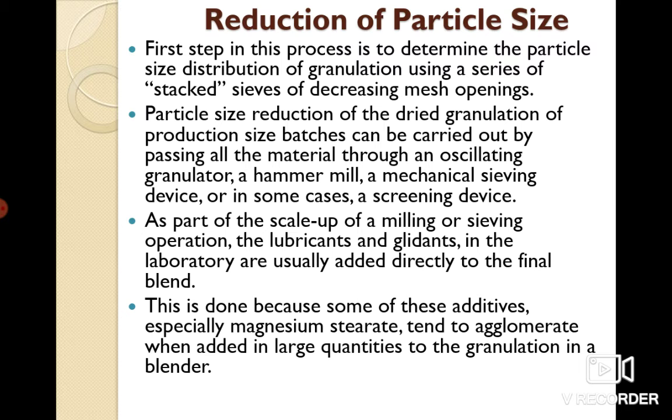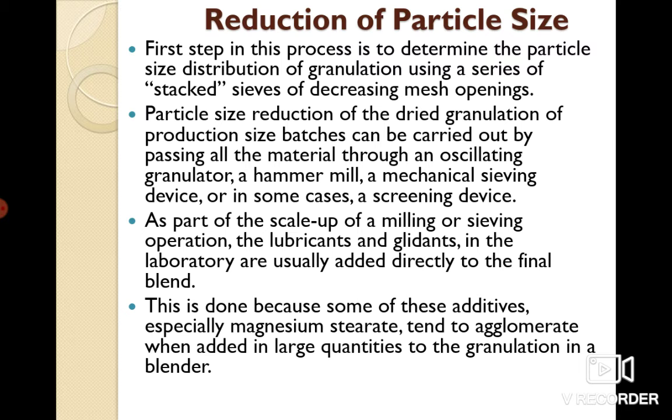The particle size reduction of any dried granulation of production size can be carried out by passing all the material through an oscillating granulator or a hammer mill, a mechanical sieving device, or in some cases a screening device also.